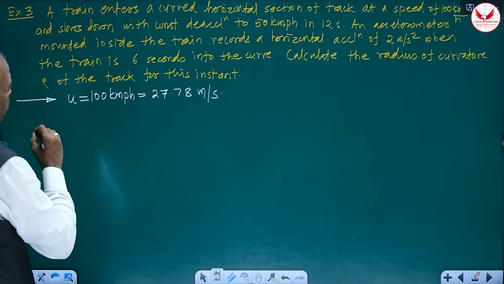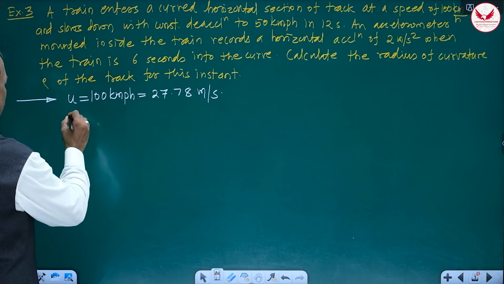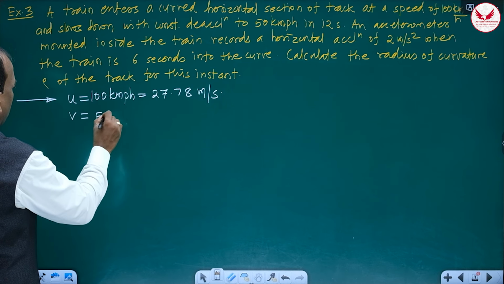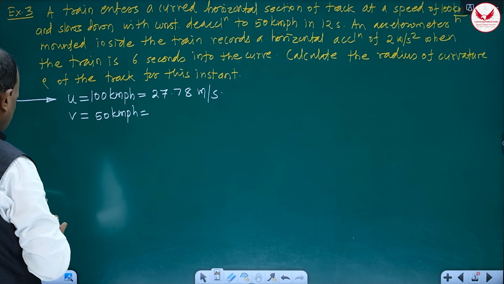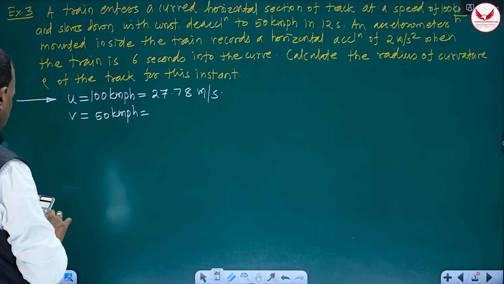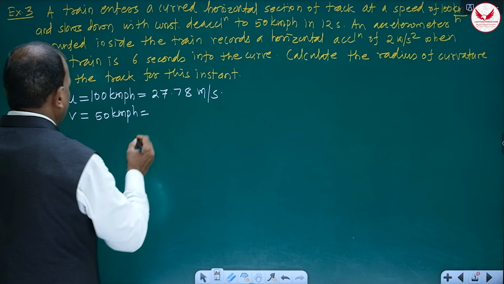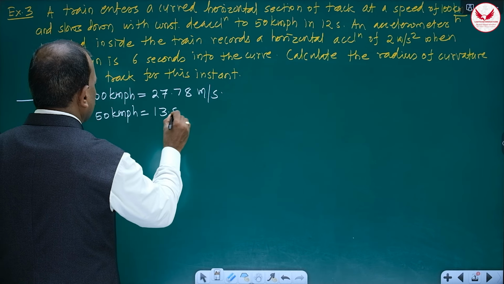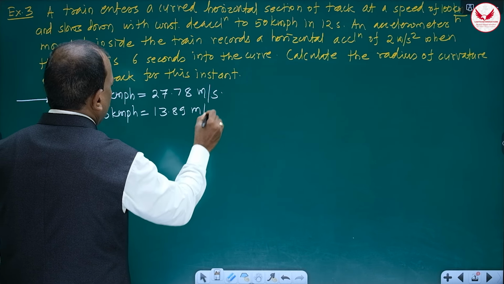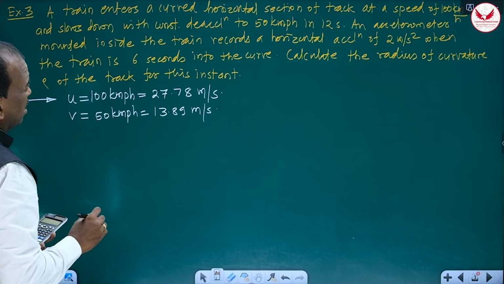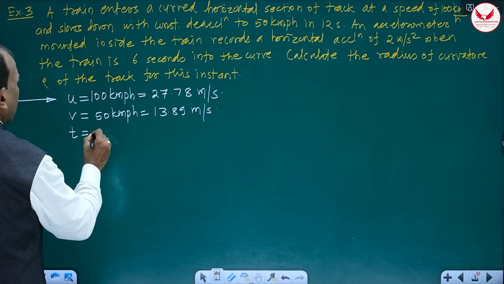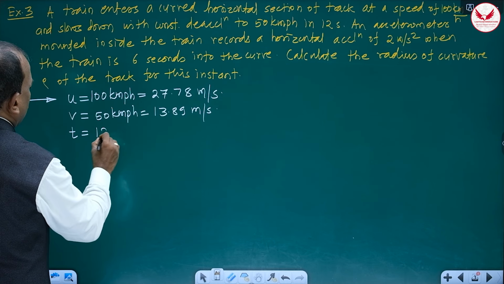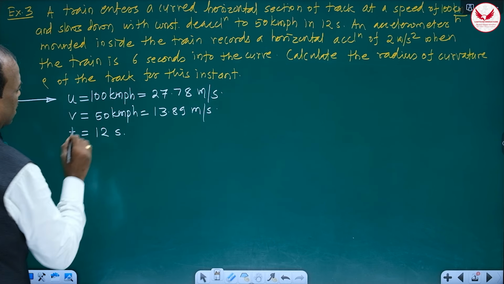And slows down with constant deceleration to 50. Means v is going to be 50 kmph. It is nothing but 13.89 meters per second, in 12 seconds. T is going to be 12 seconds.